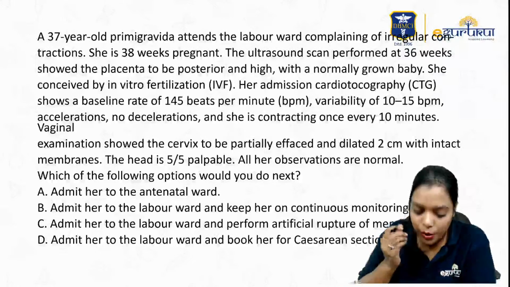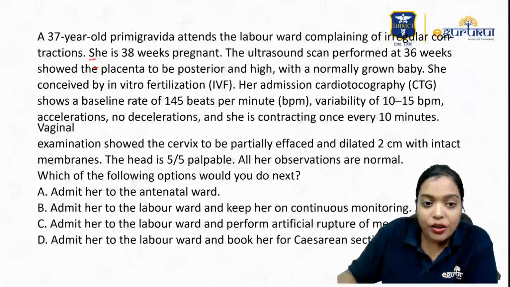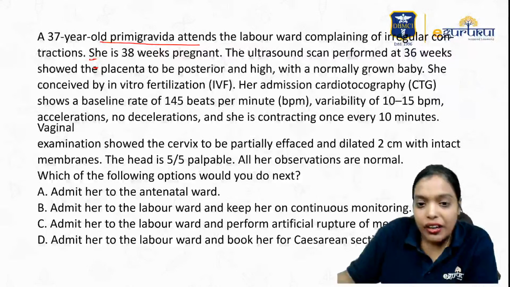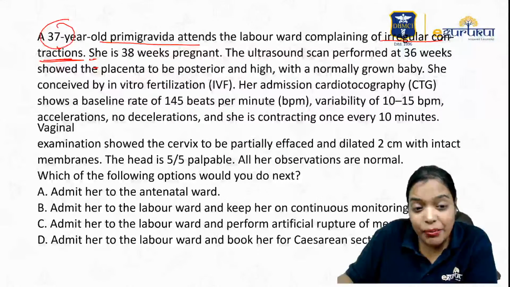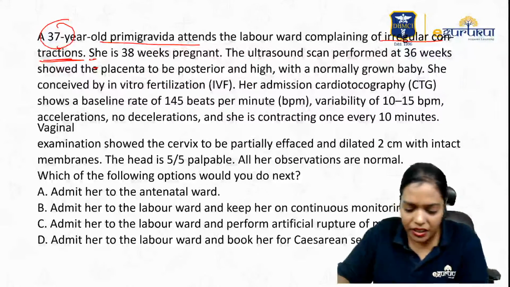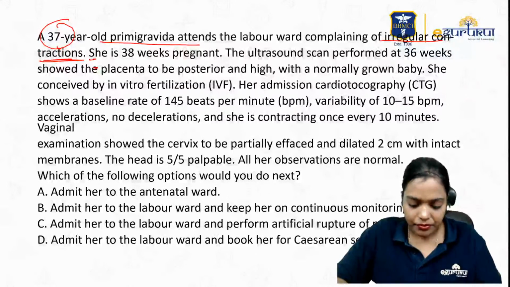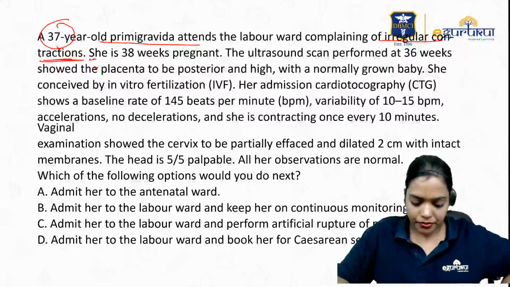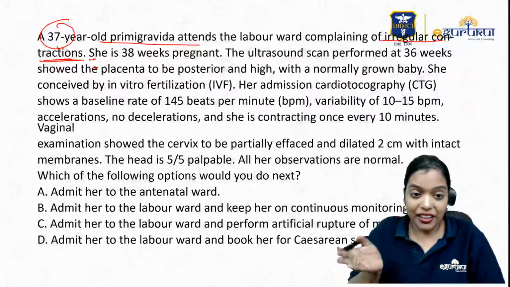One more question we'll do. A 37-year-old primigravida attends the labor ward complaining of irregular contractions. 37 and primigravida.